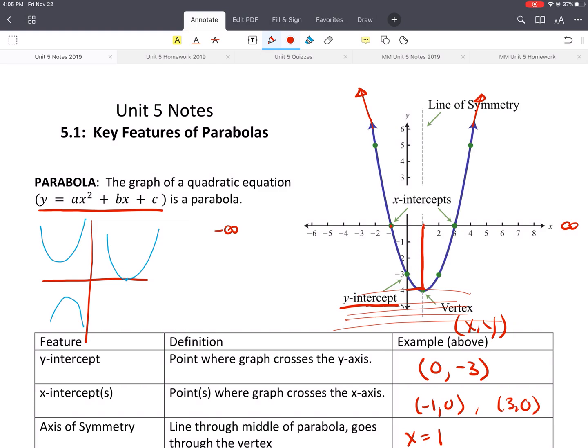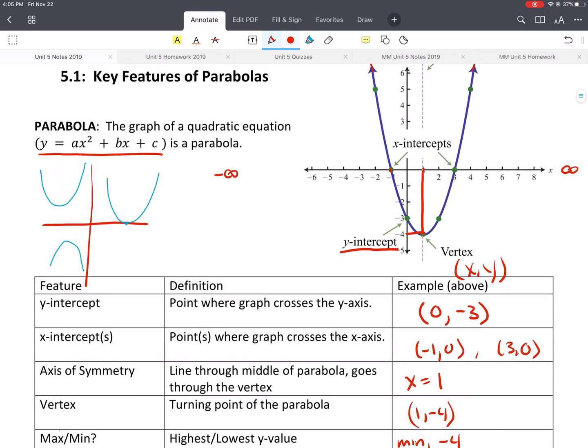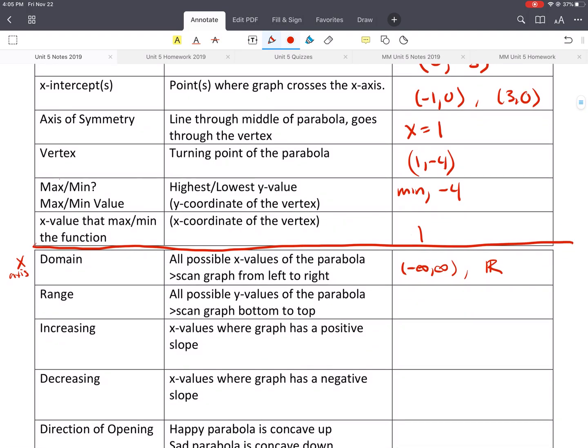So it starts at -4, and then it continues going all the way to infinity. So the lowest value is -4 and goes to infinity. So -4 to infinity. Okay? And that uses the y-axis. All right? Range is the only one that uses the y-axis.